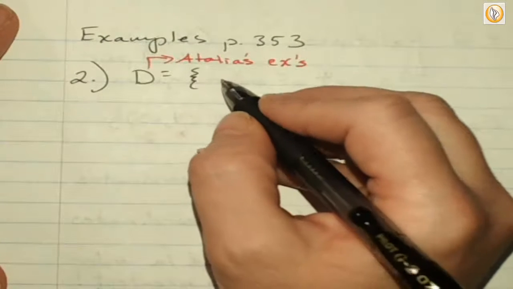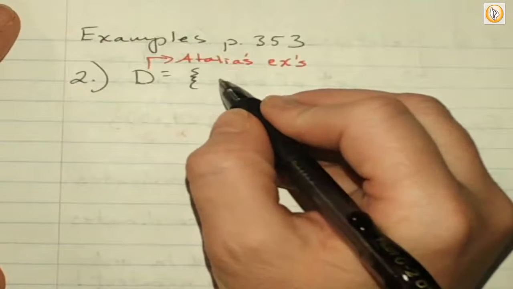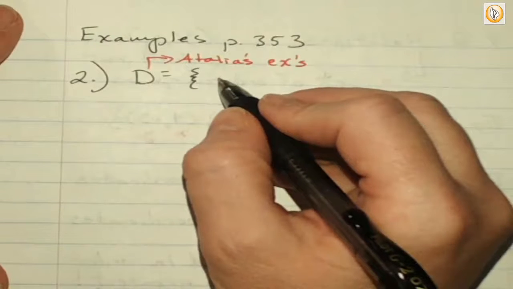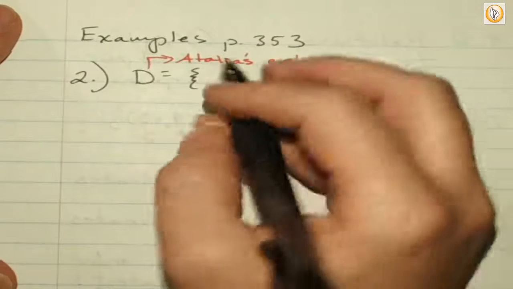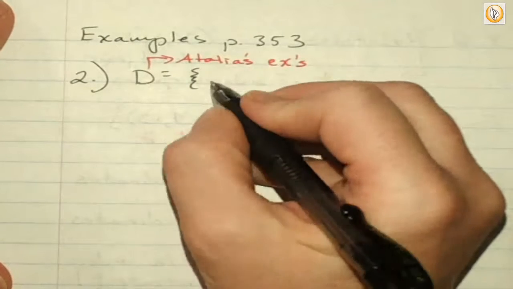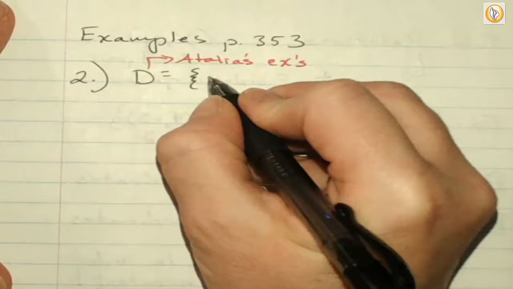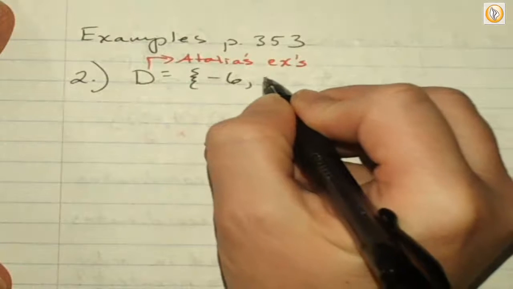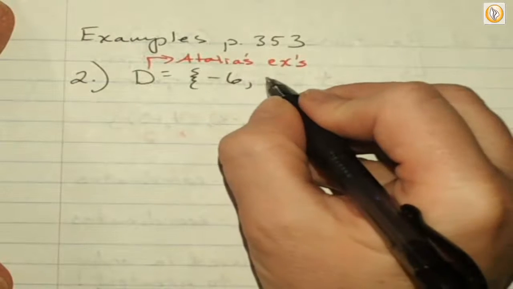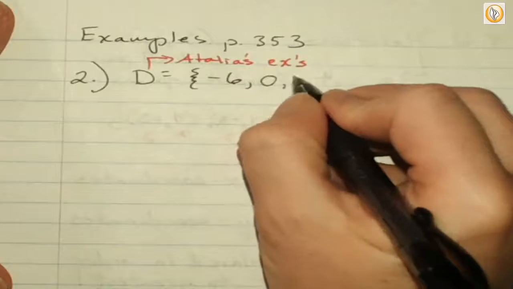So tell me your domain, your exes, and remember, least to greatest. Where? Oh, okay. Wait. Oh, the exes. Okay. -6. We only write it once, right? That's right. You only write it once. 0 and 4. Good.